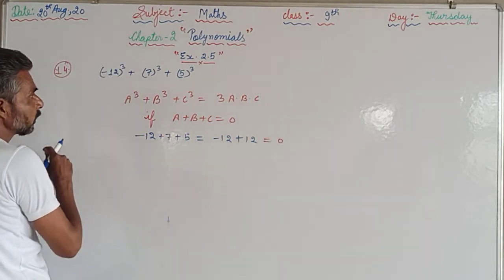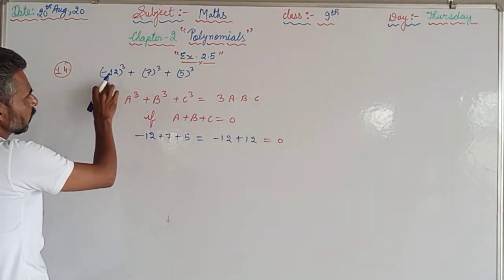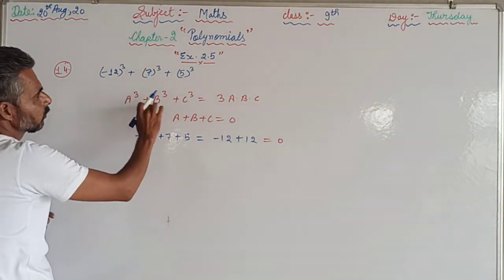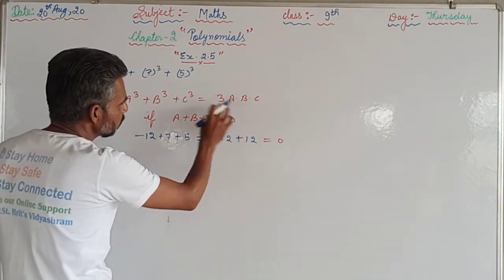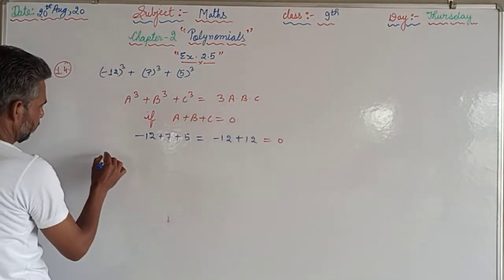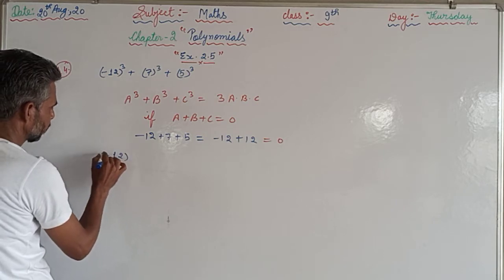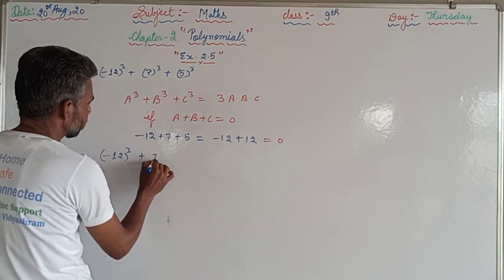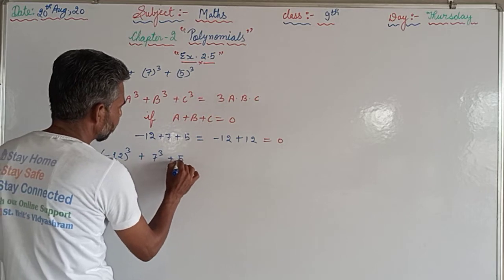So now we can replace a by minus 12, b by 7, c by 5 on both sides. So we will have minus 12 cube plus 7 cube plus 5 cube.